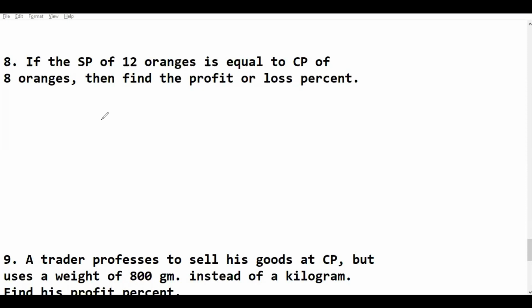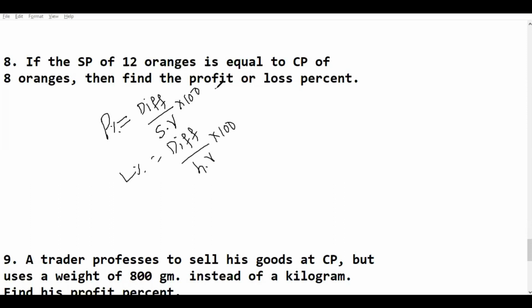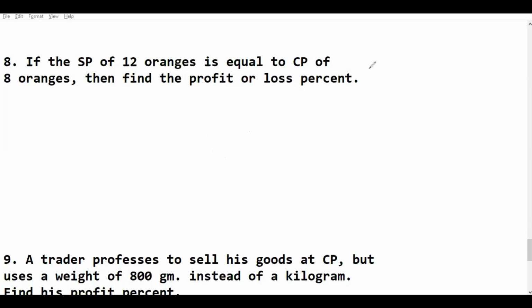So after deciding whether you are in profit, your profit percentage is the difference by the smallest value into 100. If you are in loss, again the difference by the highest value into 100. That's how you can get your 2 answers. Next question.